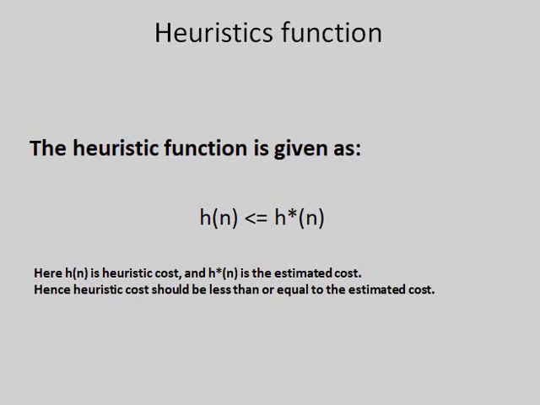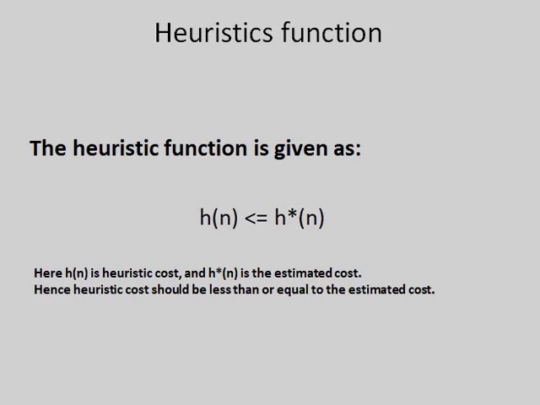Now let's talk about the heuristic function. The heuristic function is a function which is used in informed search, and it finds the most promising path. It takes the current state of the agent as its input, and it produces an estimation of how close the agent is to the goal. There are multiple nodes involved, and you are trying to find the shortest path between these nodes.